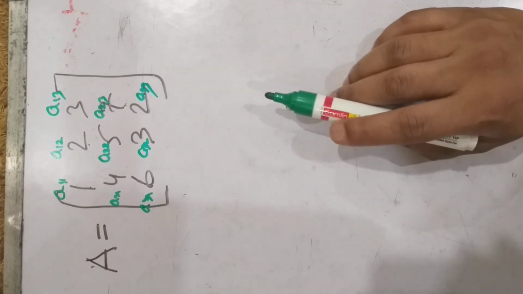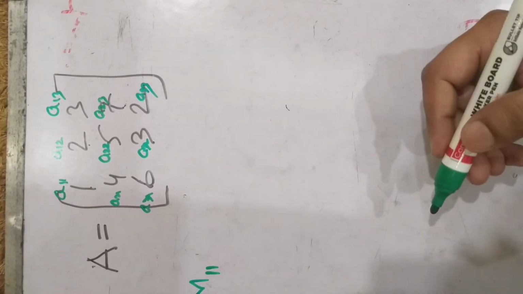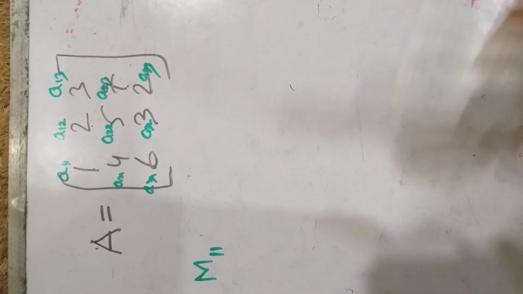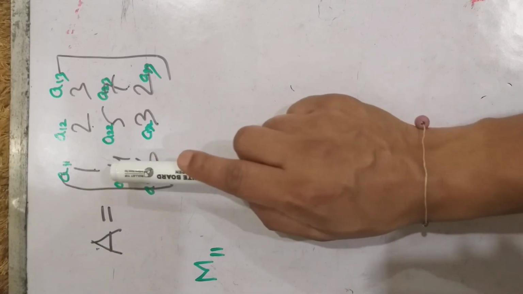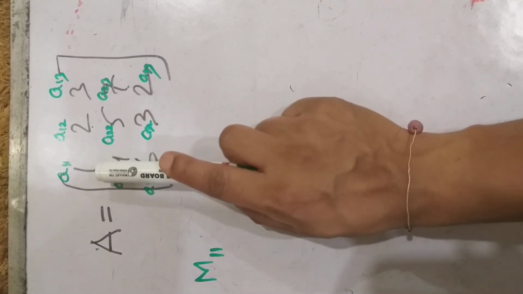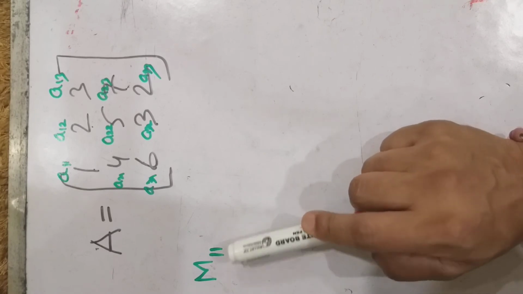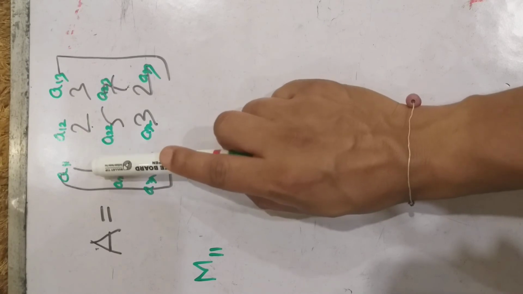So if I write M11, M11 denotes the minor of 1, because 11 is the position of this number 1. 11 means first row, first column. So M denotes minor of first row, first column, that is 1.